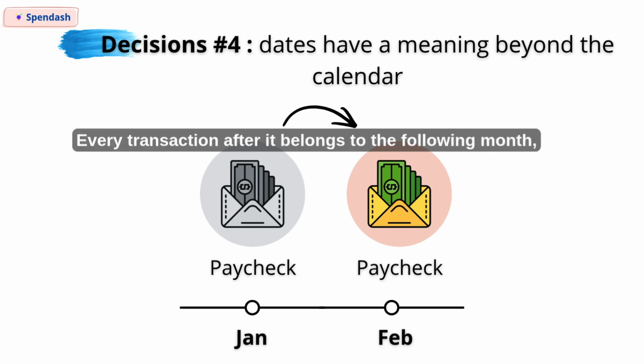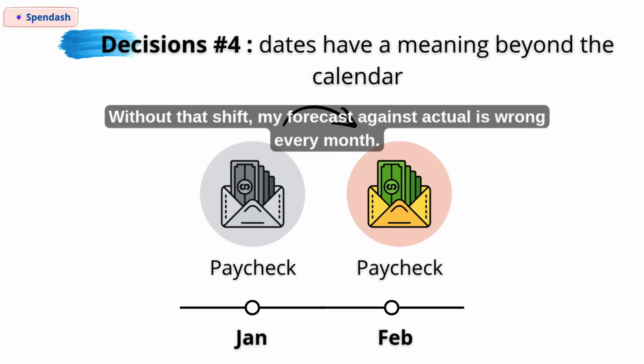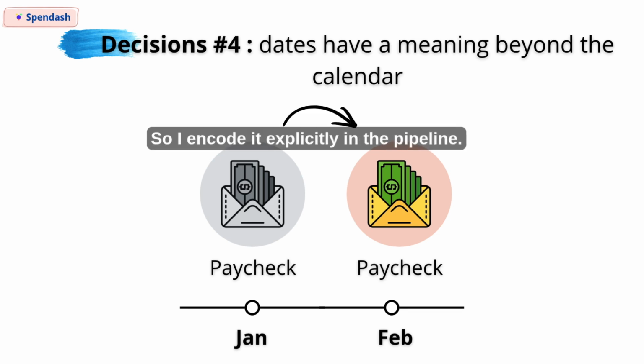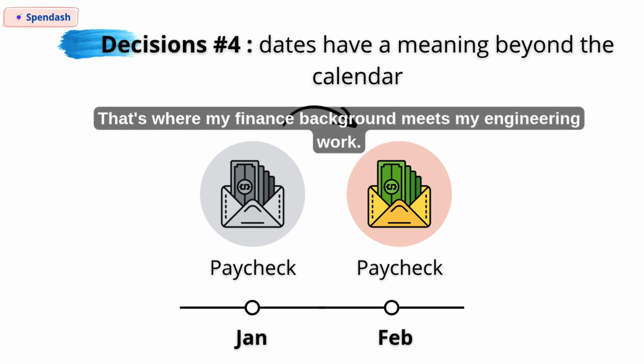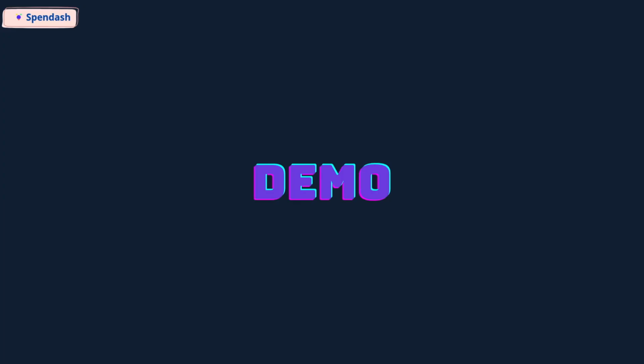Every transaction after it belongs to the following month, not the current one. Without that shift, my forecast against actual is wrong every month. So I encode it explicitly in the pipeline. That's where my finance background meets my engineering work, and that's the part of the project I love the most.